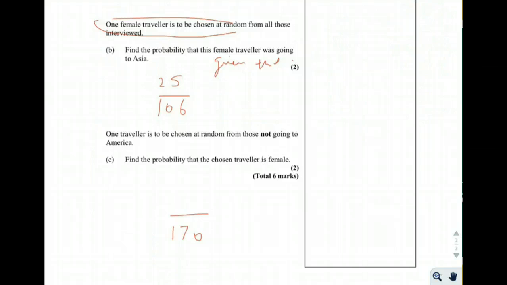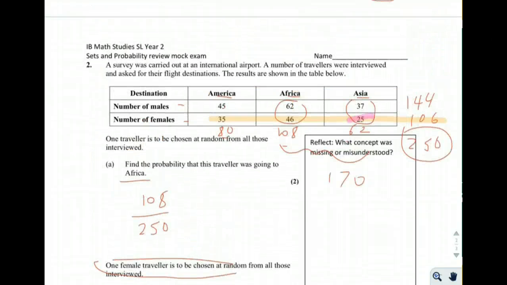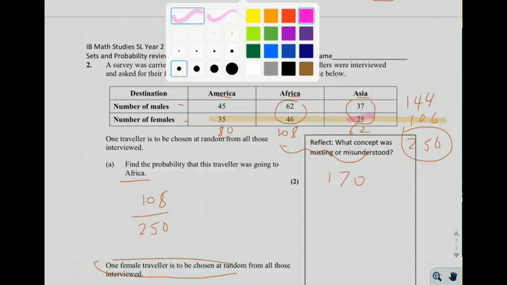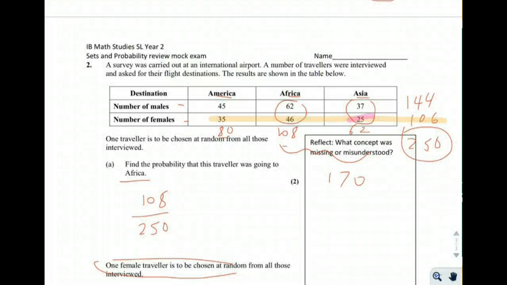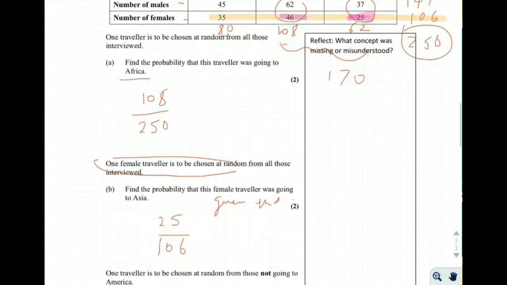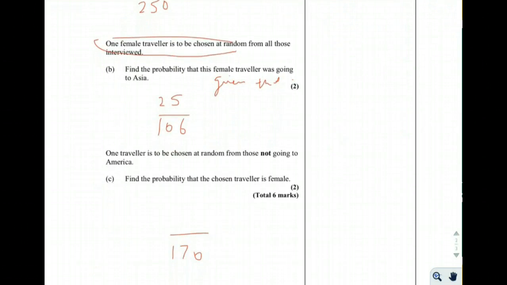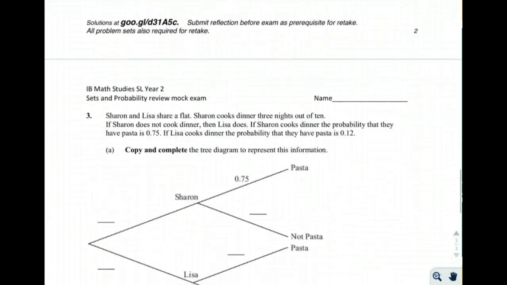Find the probability that the chosen traveler is female. Okay, so there is basically these two groups, so 46 and 25. 71. So there's 71 women going to those two countries.